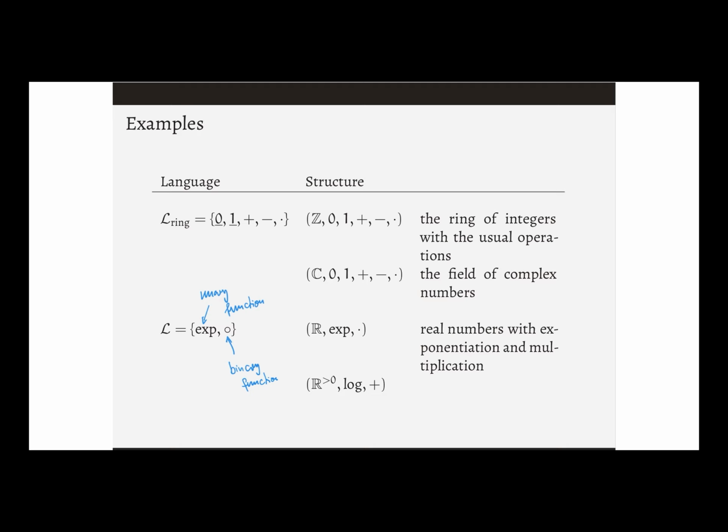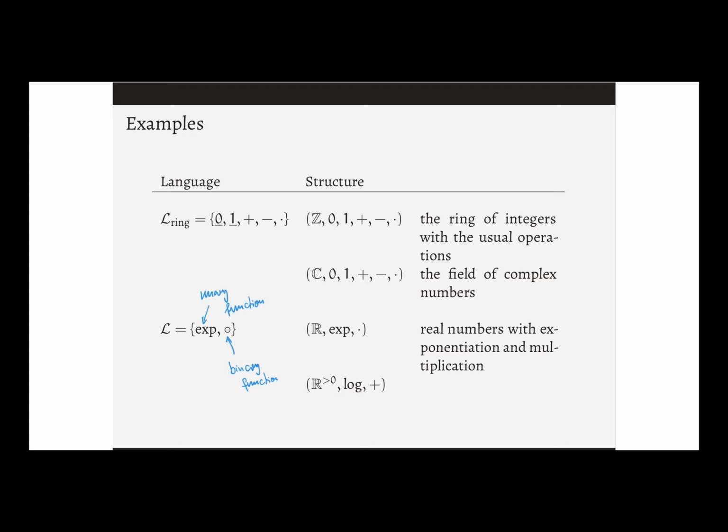But we could also do something very different and even counterintuitive. For the next example, we could take the positive real numbers. Since this is a unary function symbol, any function that is defined on all positive real numbers and maps positive real numbers to positive real numbers would be a valid interpretation.